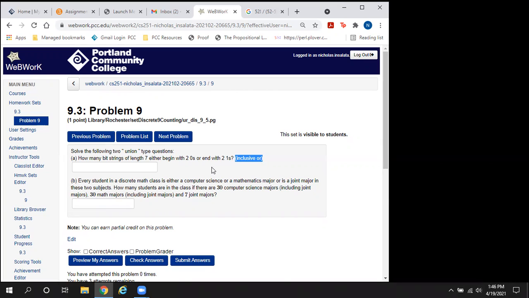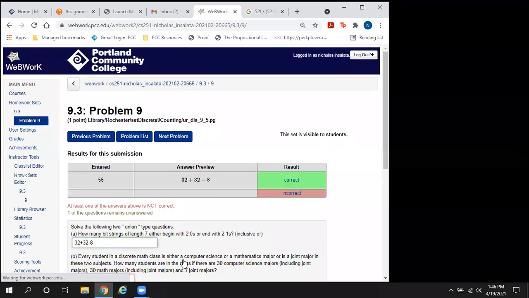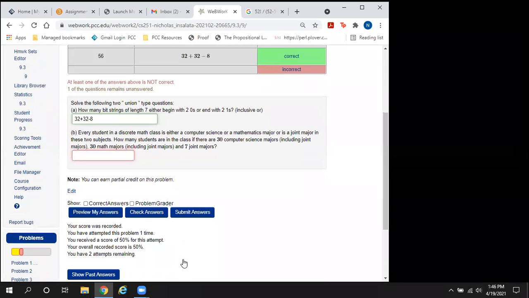So it'd be 32 plus 32 minus what? How many bit strings do both? Yeah, 2 cubed, 8. Perfect. Good job, guys. Let's check and see if we're right. Nice. Let's try the next one.